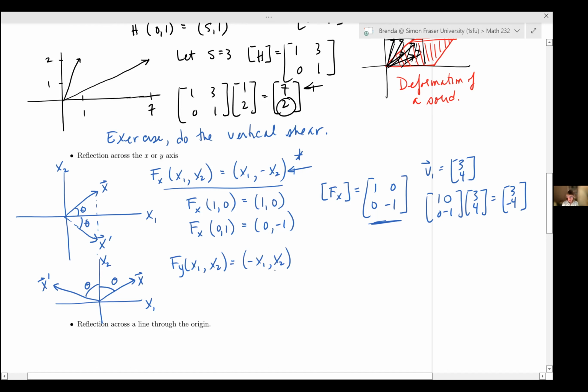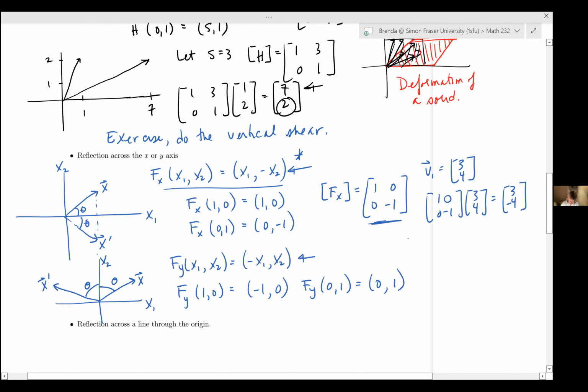I establish what that transformation looks like, and then I can perform that transformation on the basis vectors. Now this is, I think, the 4th or 5th time I've done this, so I will do that. I will say that fy of 1, 0, I'm going to follow my little rule, and my little rule says take the negative of the first one and write the second one out, and then I will follow my rule on the second standard basis vector, and my rule says take the negative of the first one and leave the second one alone.